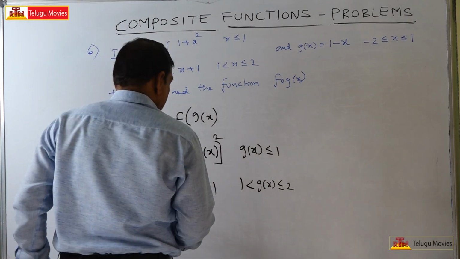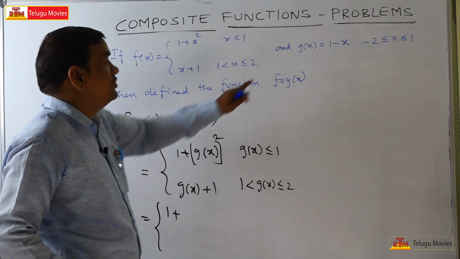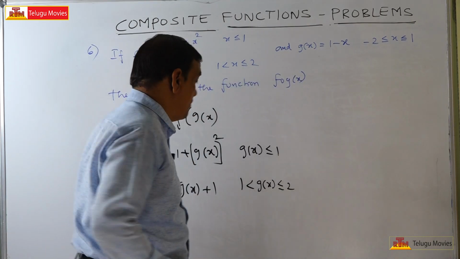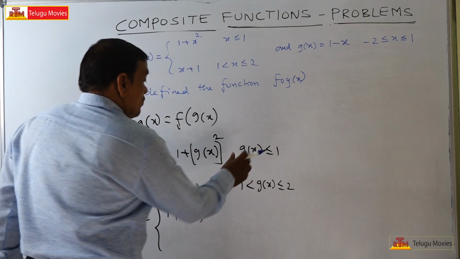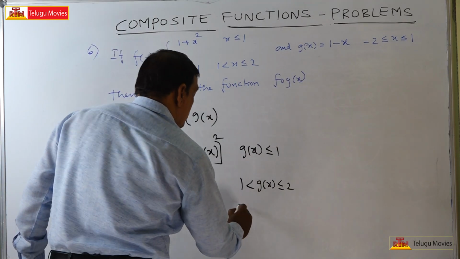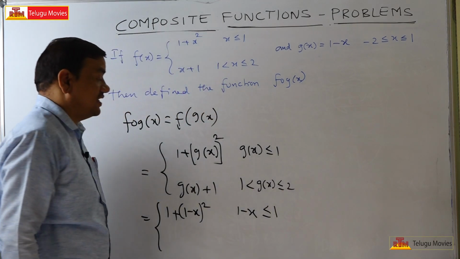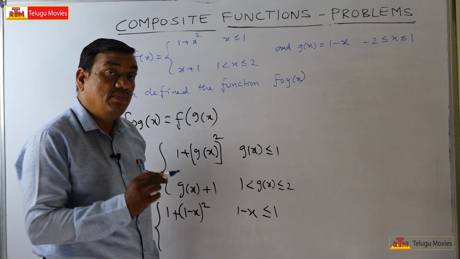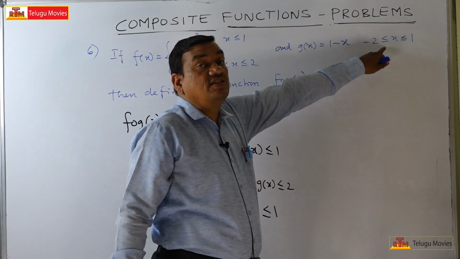So here the very important problem is 1 plus g of x value is how much? 1 minus x. So this is 1 minus x whole square. What is g of x? This is 1 minus x less than or equal to 1, but remember g of x value domain is also you have to take.